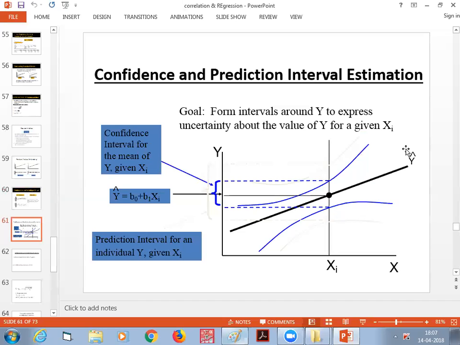Let us say the average marks of the class may be between 60 to 75, 60 to 80. Individual means, for any particular student, what is the interval of his marks, lying between what and what? That is called the prediction interval for an individual y.